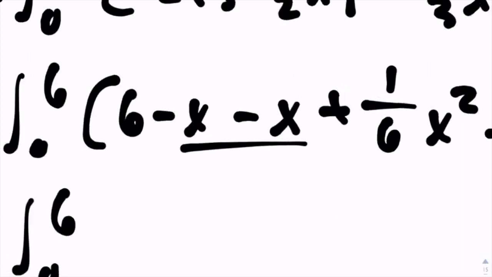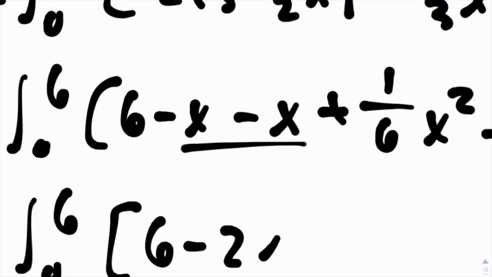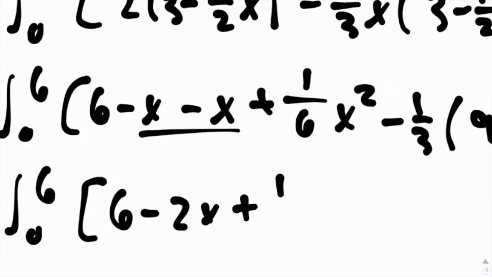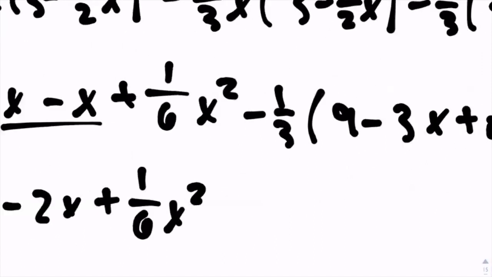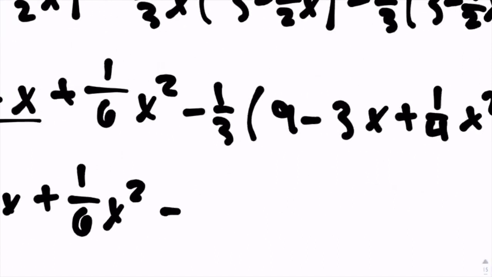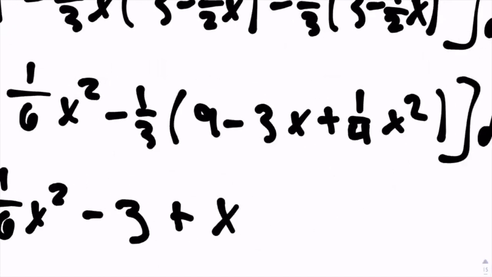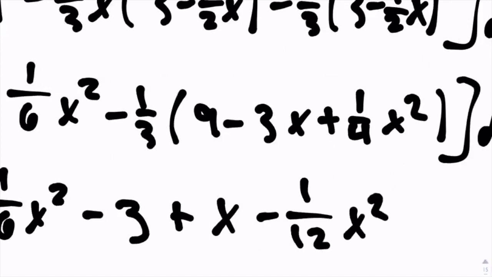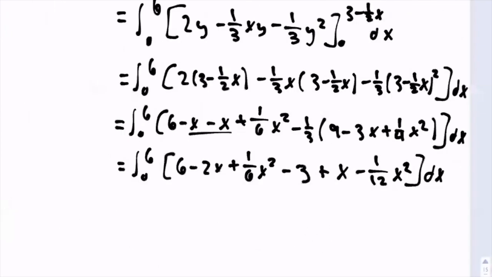These cancel out to minus 2x, x minus 2x plus 1/6 x squared minus 3 plus x minus 1/12 x squared dx.